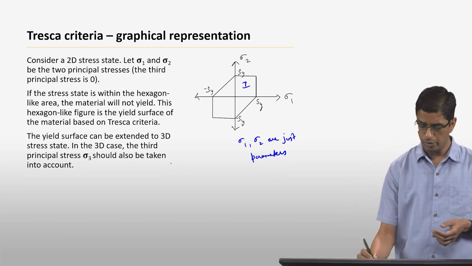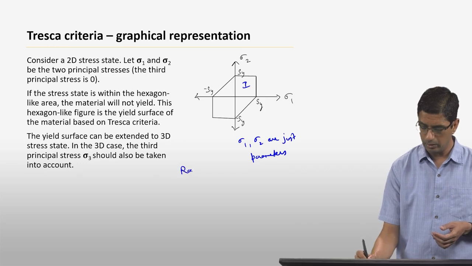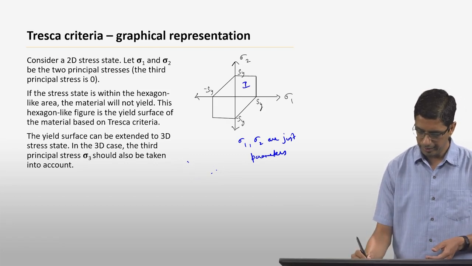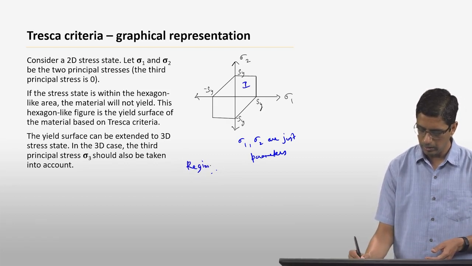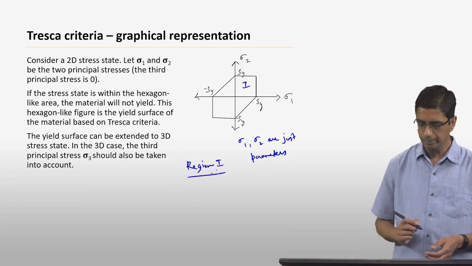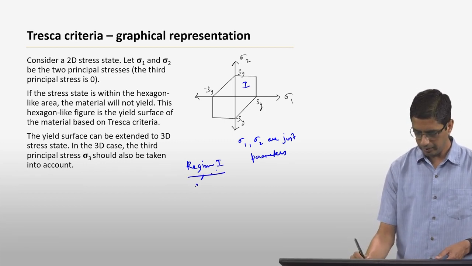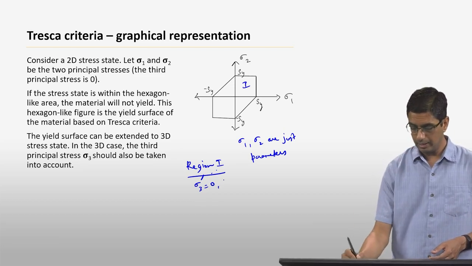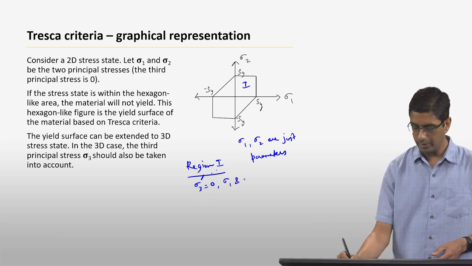So if you look at region 1, let me write this more clearly. In region 1, you have sigma 3 equal to 0, and sigma 1 and sigma 2 are both greater than or equal to 0.